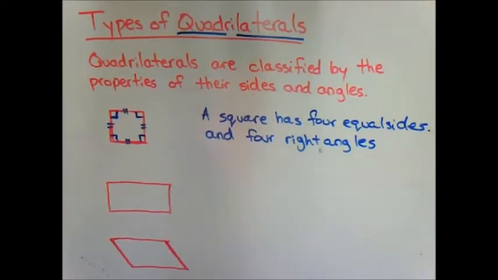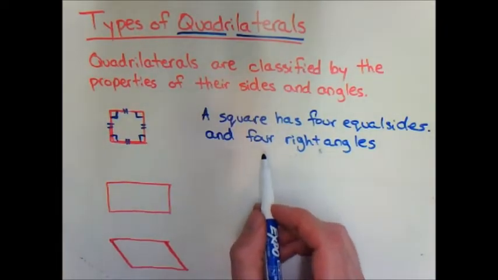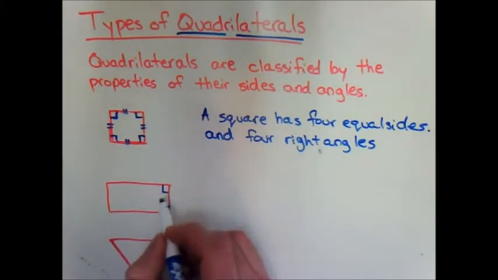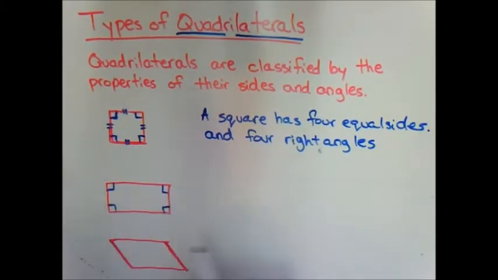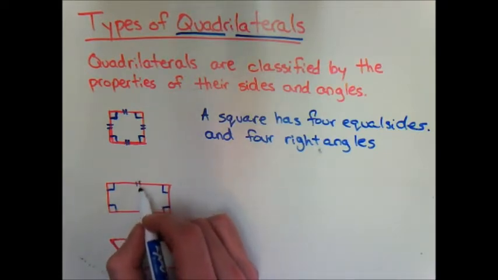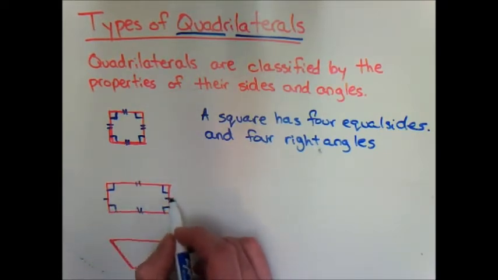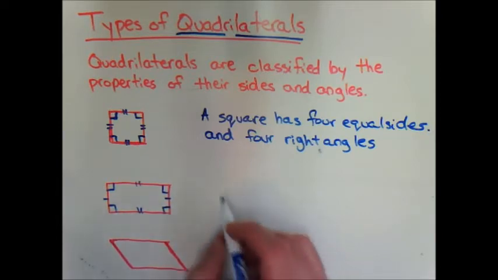So what could we say about a rectangle? Well, a rectangle also has 4 right angles, but a rectangle does not have 4 equal sides. It has opposite sides that are equal in length.